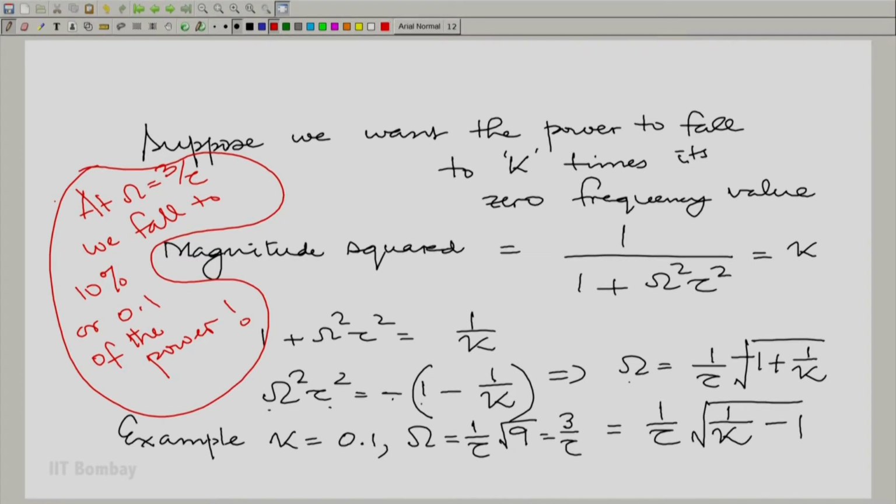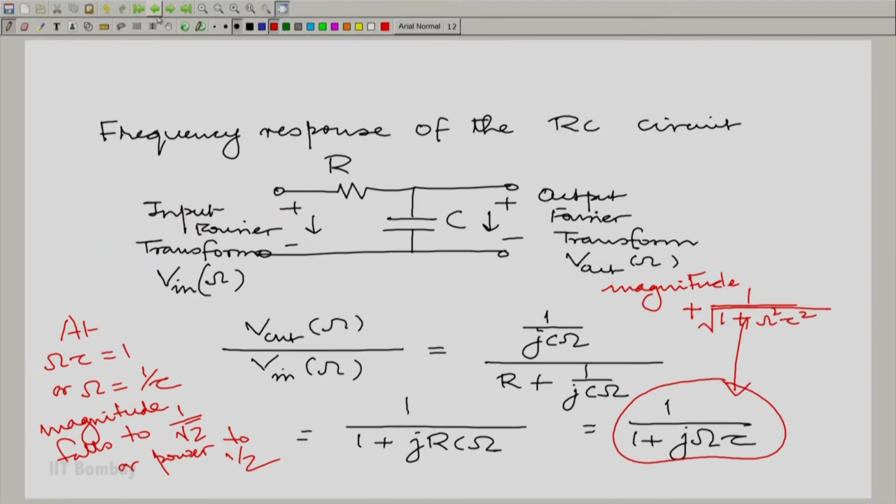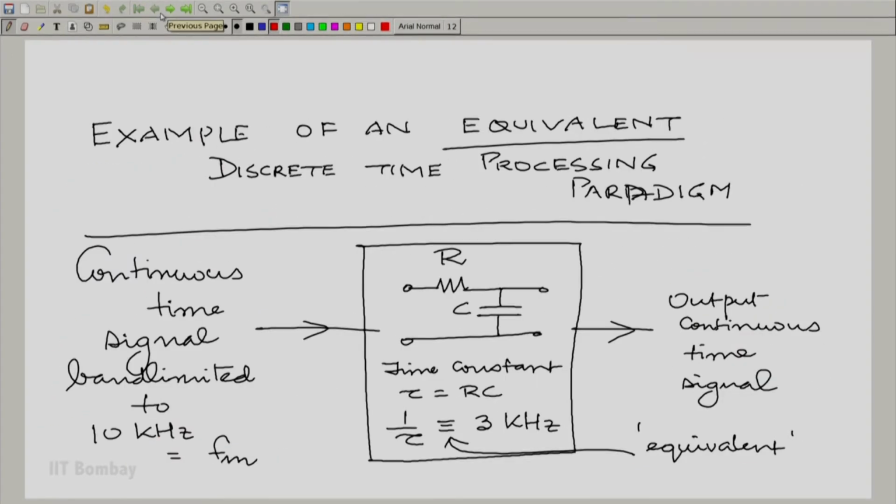And that is what I meant when I said take it equivalent. Here I said take 1 by tau equivalent to 3 kilohertz. Equivalent means it should be the corresponding angular frequency. You see, you want omega equal to 3 by tau, so f is 1 by 2 pi tau into 3.